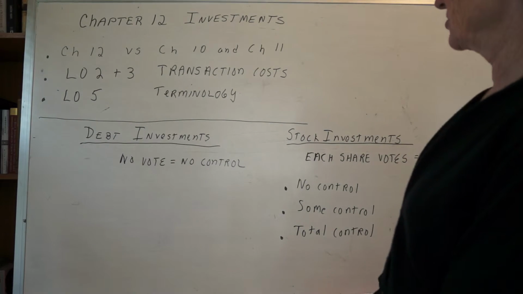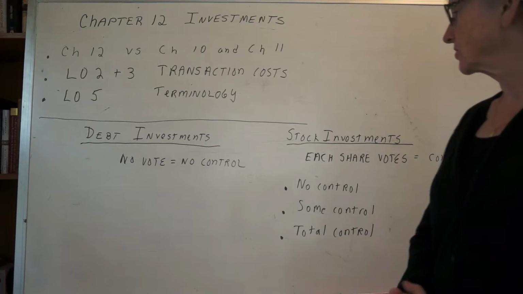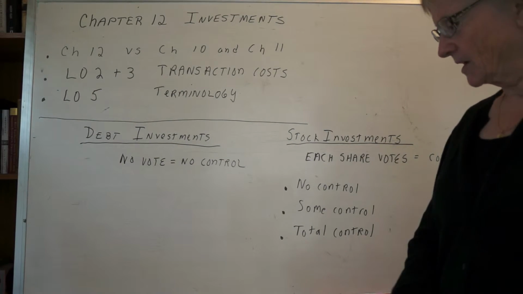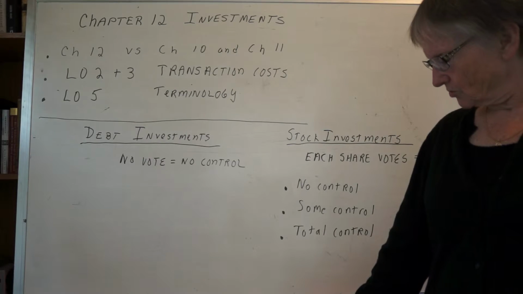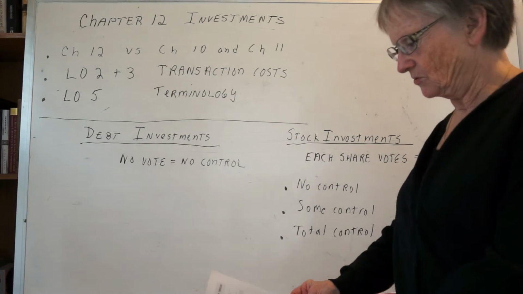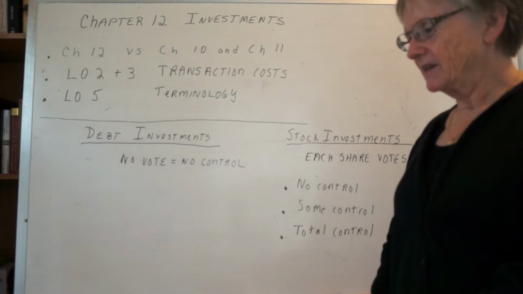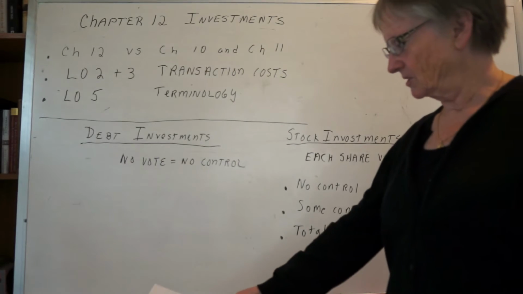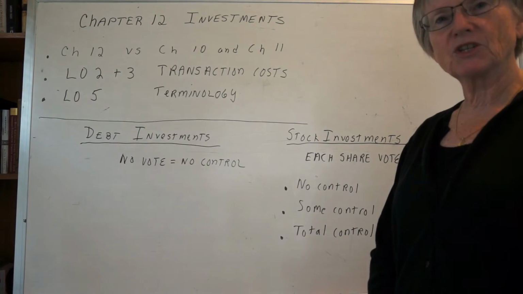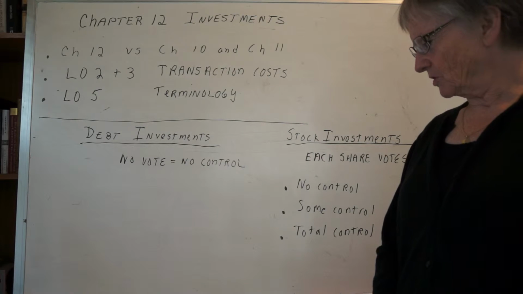Okay, what else about the chapter? As far as accounting for debt investments and stock investments, I would encourage you to look at the What You Need to Know section and just go through that to get familiar with some of the terms as you're going along. And I'd highly encourage you to look at the outline and organization of the chapter I provided, because it can be a little bit confusing.